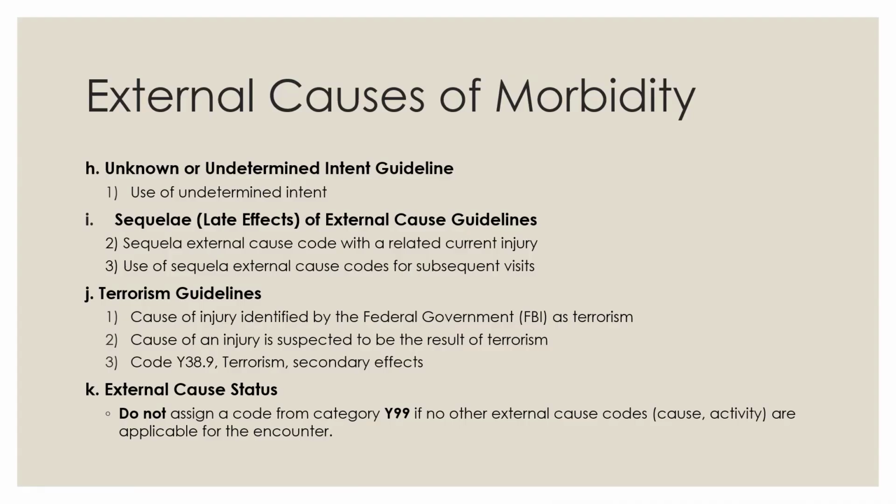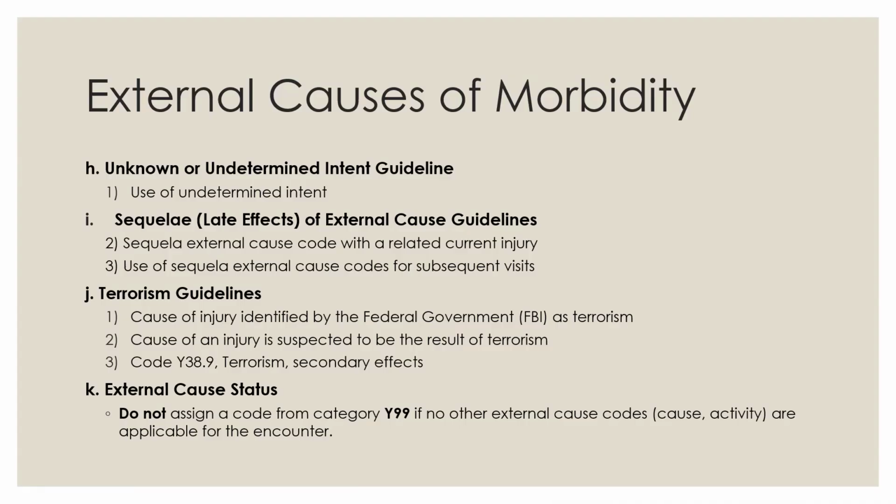The code from Y99 external cause status should be assigned when applicable with other external cause codes such as transport accidents and falls. The external cause status codes are not applicable to poisonings, adverse effects, and misadventures or late effects. Do not assign a code from category Y99 if no other external cause codes, cause, or activity are applicable for that encounter.